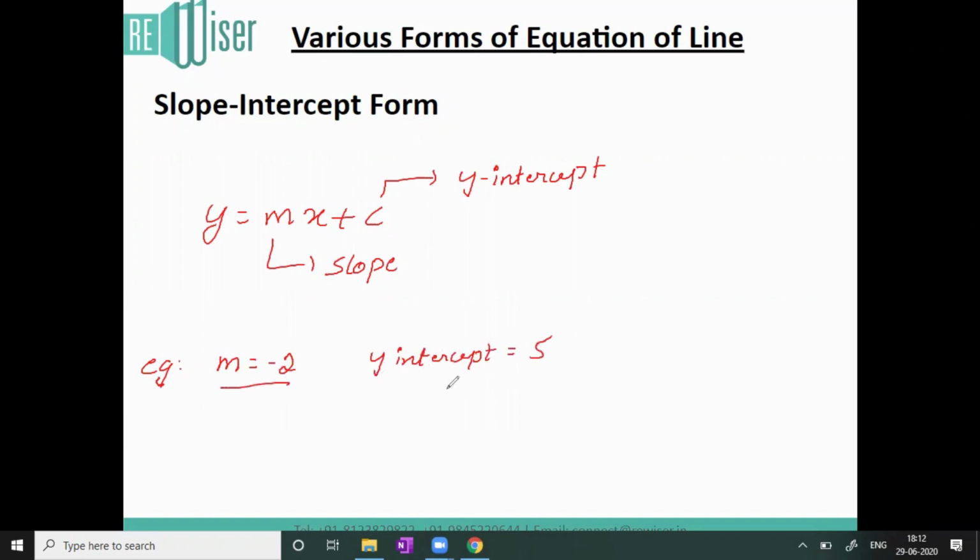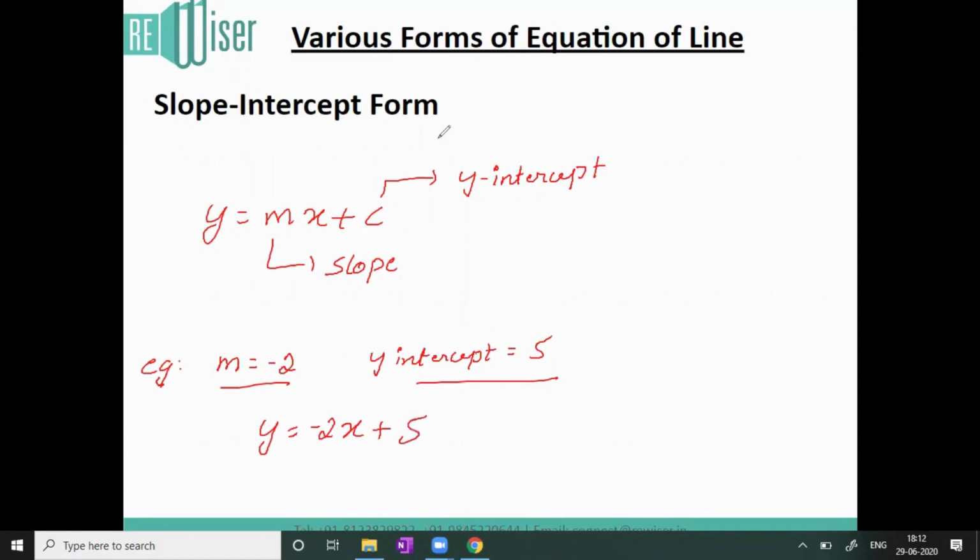With this information, I will use the slope-intercept form, which goes like y equals, and in place of m I can substitute -2x plus, since c is the y-intercept, +5.